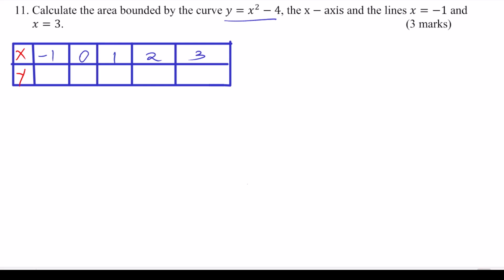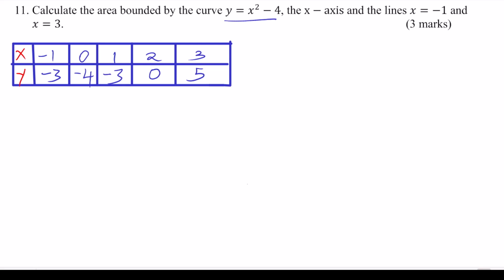When you fill this table using this function, y equals x squared minus 4, when x is -1, this will be -3. When x is 0, this will be -4. When x is 1, this will be -3. When x is 2, this will be 0. When x is 3, this will be 5.